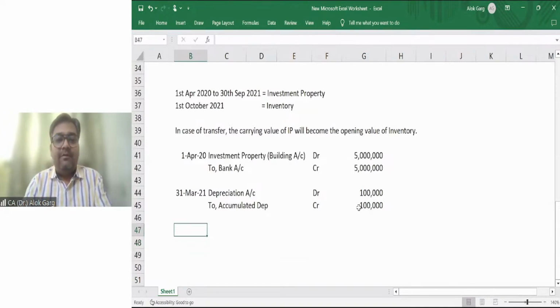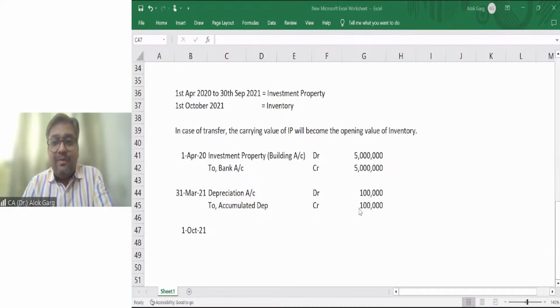Then what to do? 1st October. Tell me, what is the accounting entry on 1st October? Guys, I'm waiting for your response. What is the accounting entry on 1st October?